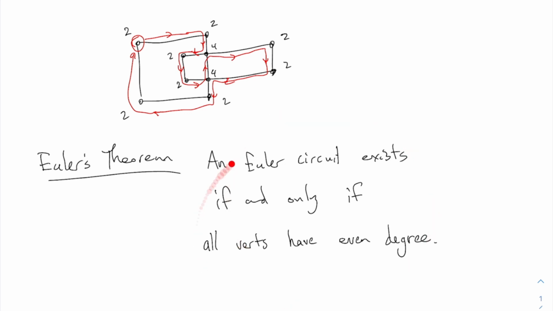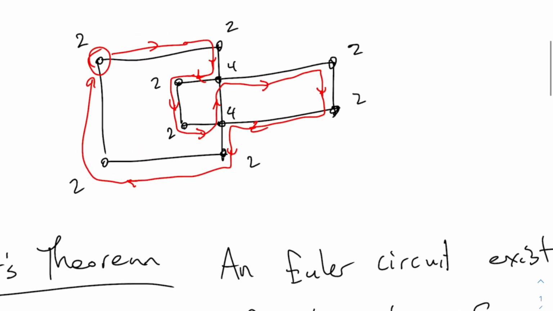It's because in an Euler circuit, every vertex has to be visited an even number of times. That's because in a circuit, at every vertex, the red line has to come in, entering, and then exit again. And it might happen once, like this point here. This red line enters once and exits once.